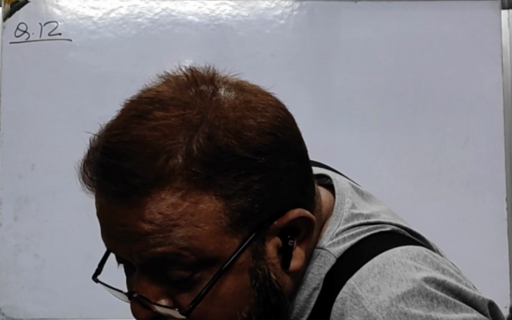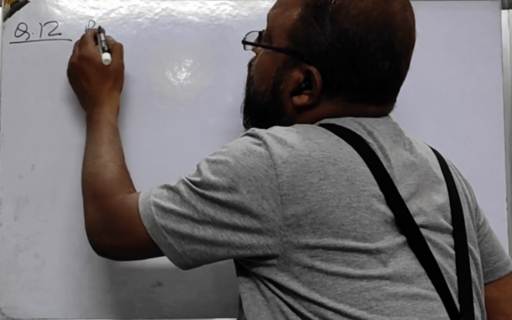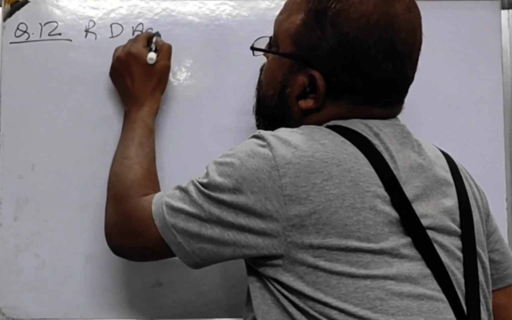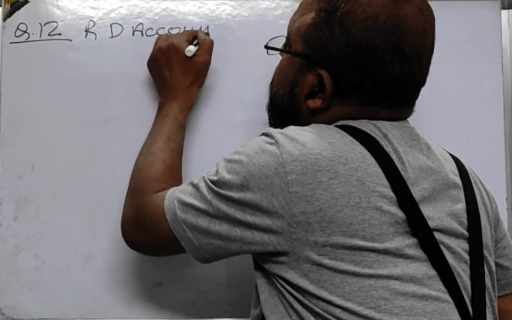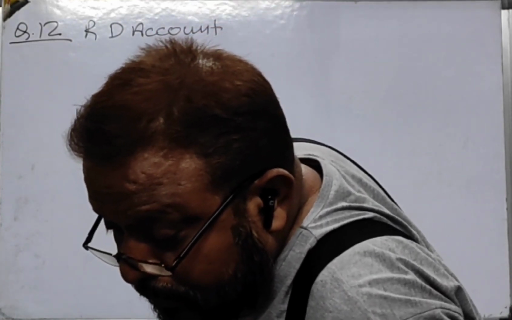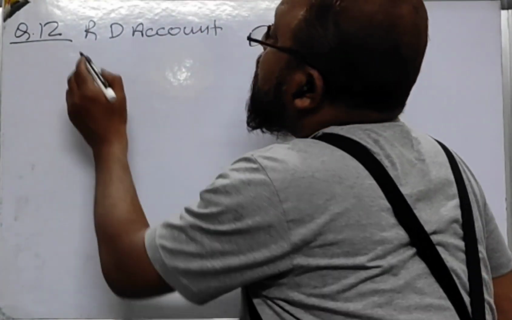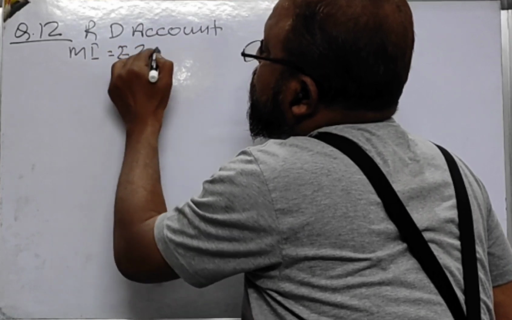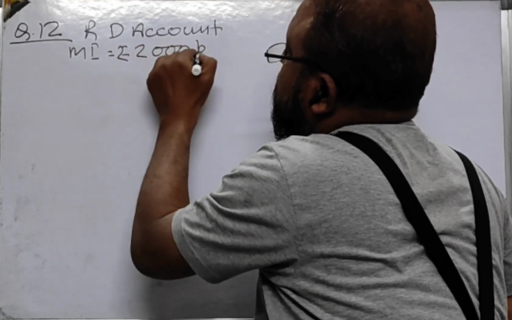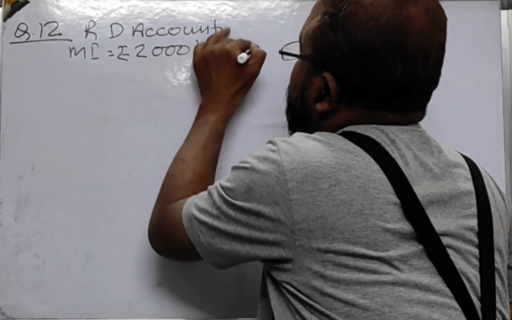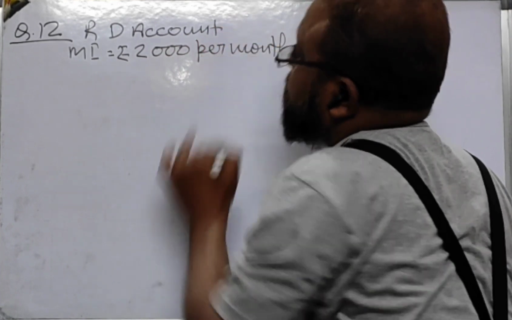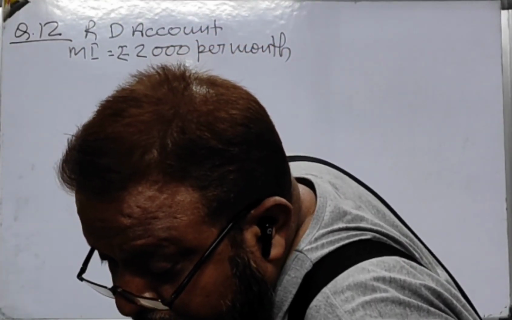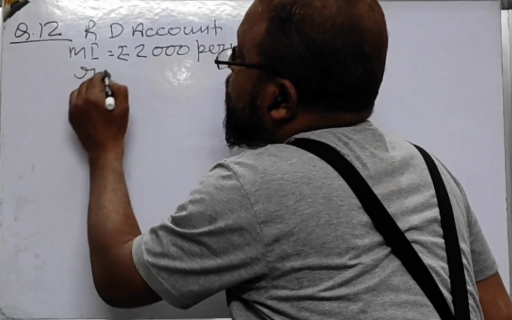The question is like this. Sunita has a recurring deposit account in a bank, an RD account, and the monthly installment is rupees 2000 per month at the rate of 10%.